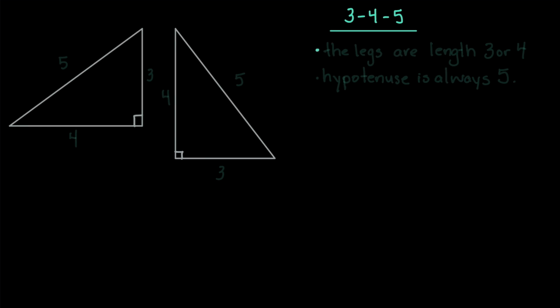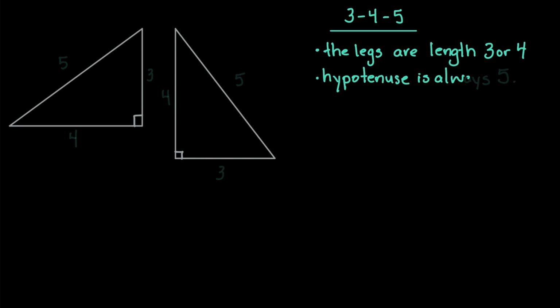So if a triangle is a 3-4-5, the legs are length 3 or 4. The hypotenuse is always 5.